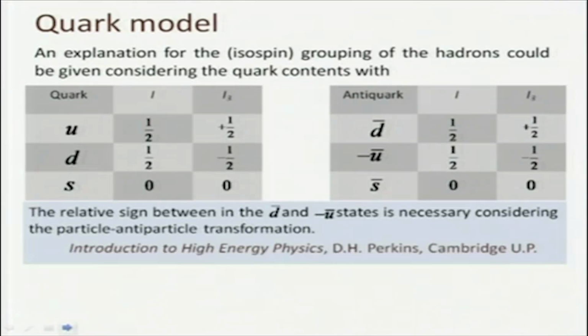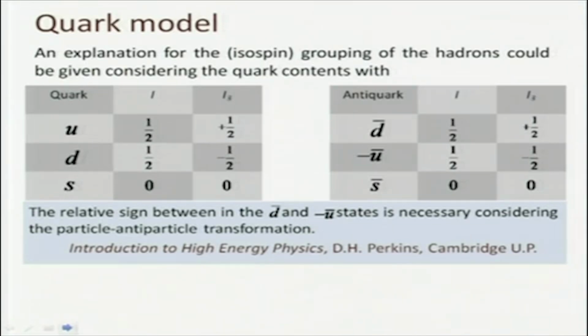You see that I have put a minus sign there. What is the meaning of putting a minus sign in a symbol? When I put these symbols U, D, S, U bar, D bar, S bar, we can also think of them as representing the wave functions of the corresponding particles.